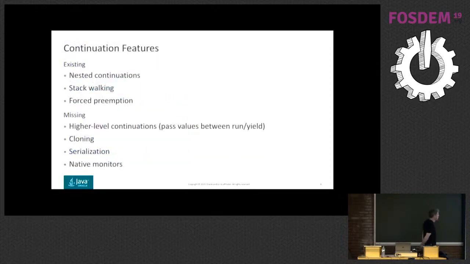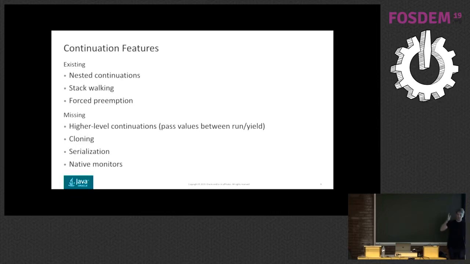Some missing features. Continuations are a very low-level construct. You can build some more interesting stuff on top of them, like continuations that can pass values from the run method to the yield point. So you can say run with some value that would be returned from the yield when the continuation is continued. We may want to allow them to be cloned.